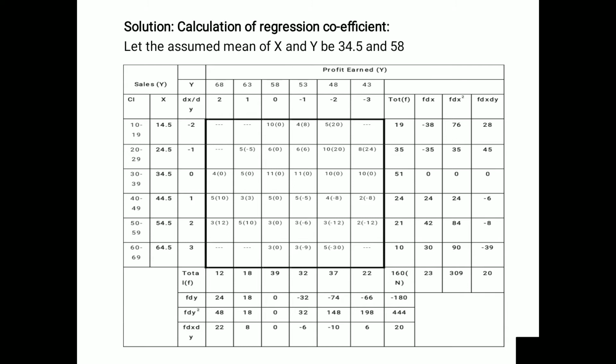The assumed mean of X is 34.5. So dx will be 14.5 minus 34.5, divided by 10, that is the gap of the class interval. That will give us the answer, minus 2.